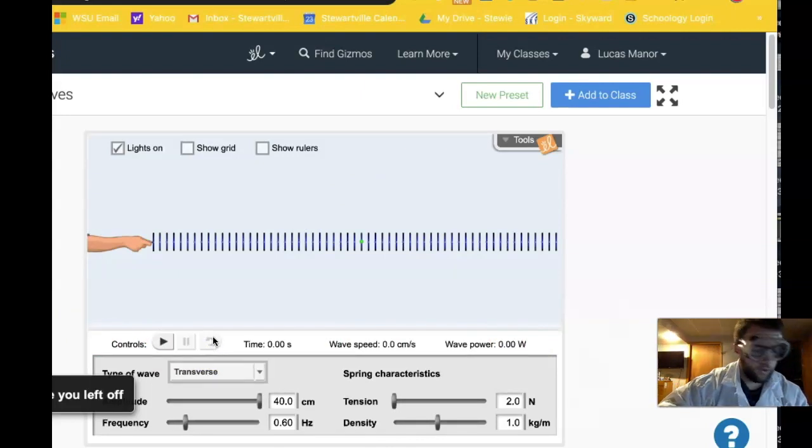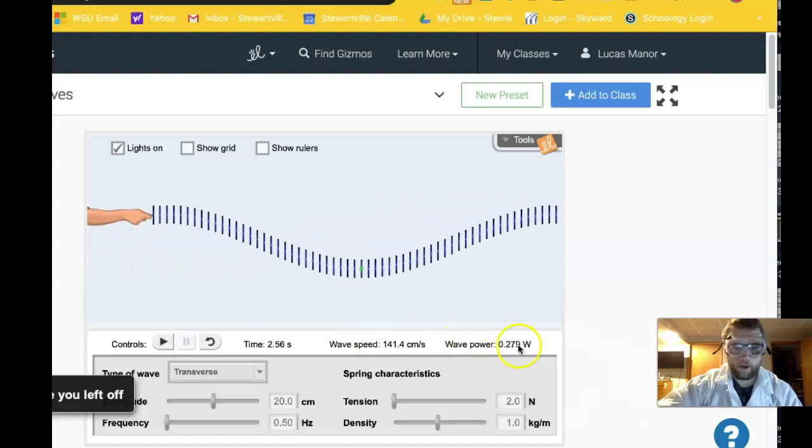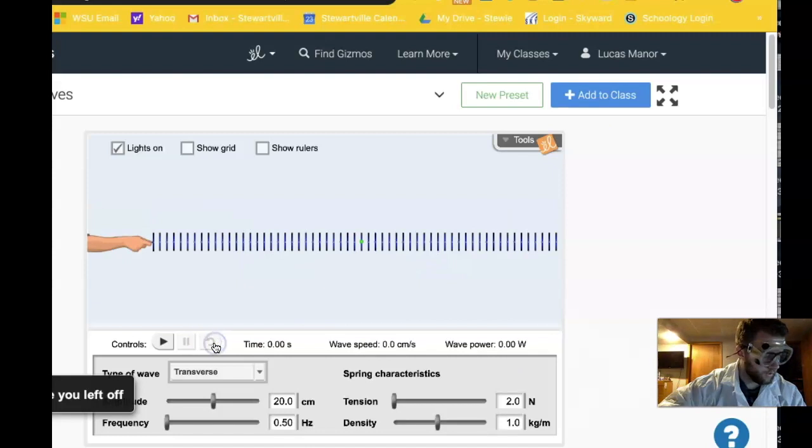Okay, for our third one, we need our amplitude back at 20. And now we are changing our hertz to 0.5. And we see our power here for the third one down on the list is 0.279 watts.